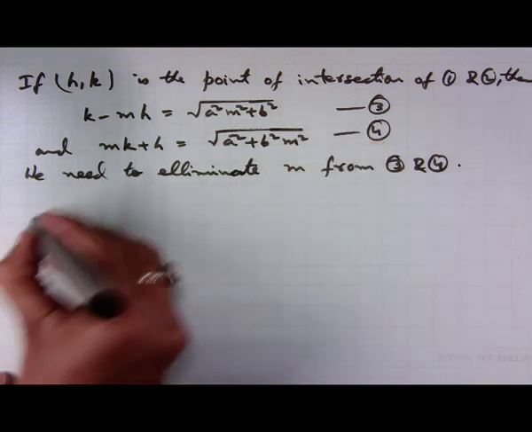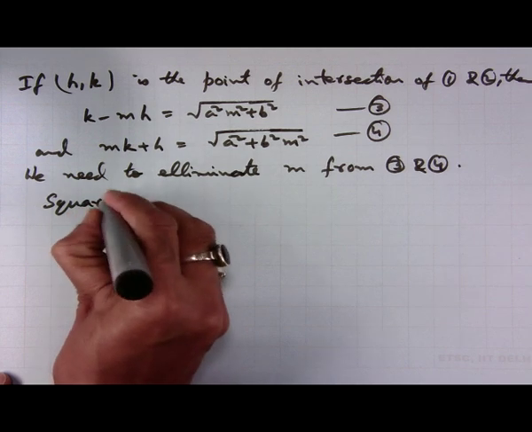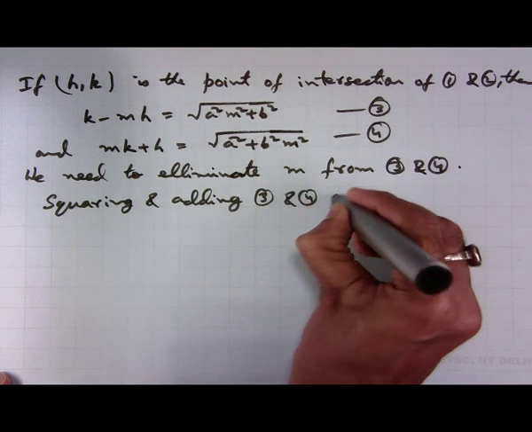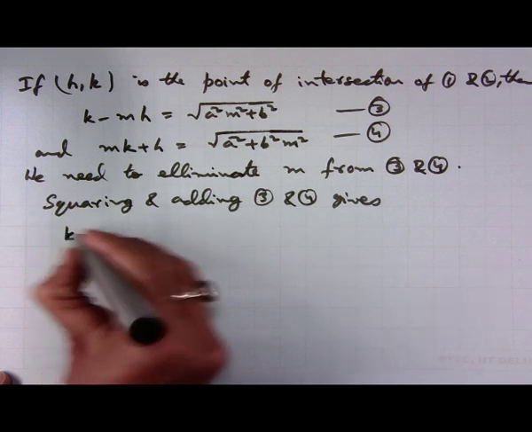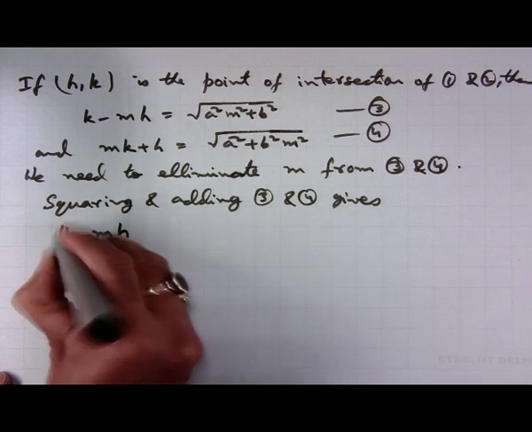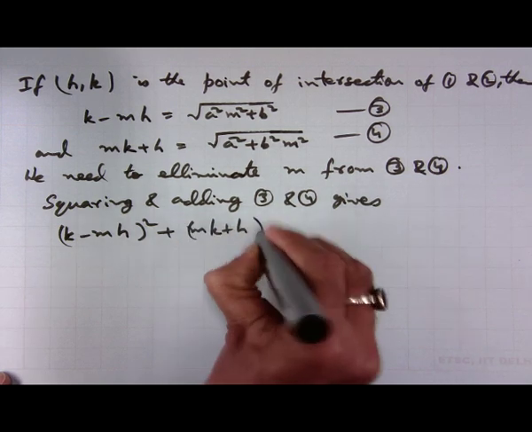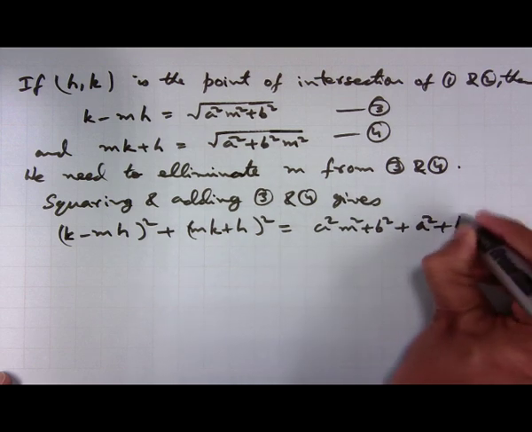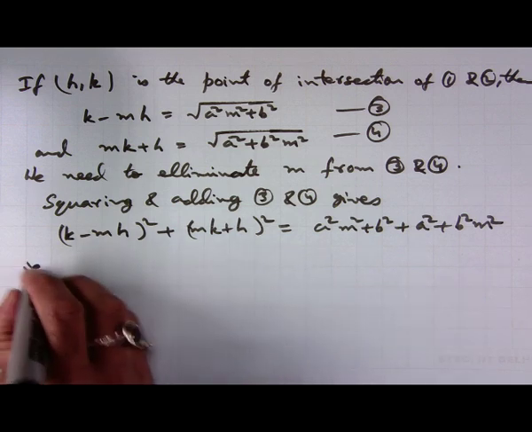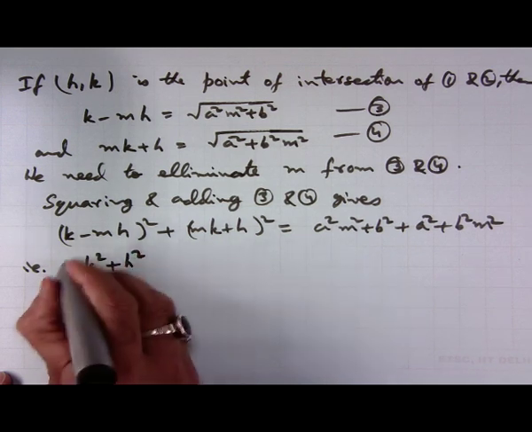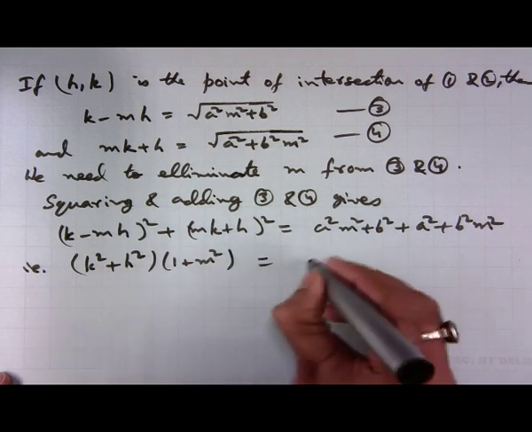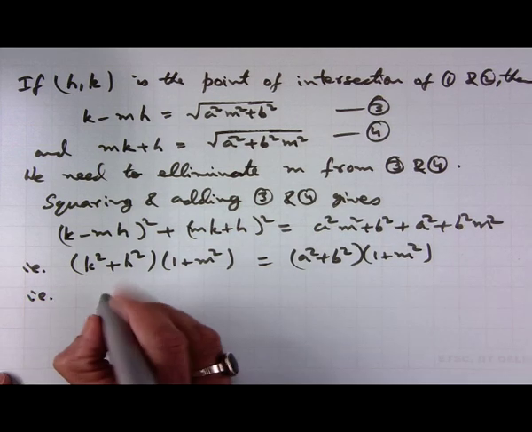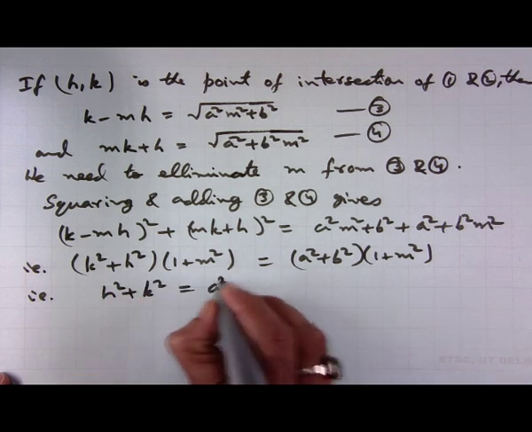So, if you square and add 3 and 4, squaring and adding equations 3 and 4 gives (k minus m h) square plus (m k plus h) square equal to a square m square plus b square plus a square plus b square m square, and this gives (k square plus h square) times (1 plus m square) equal to (a square plus b square) times (1 plus m square) on simplification, and that is the same thing as h square plus k square equal to a square plus b square.